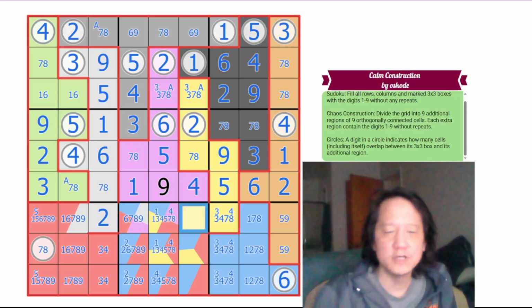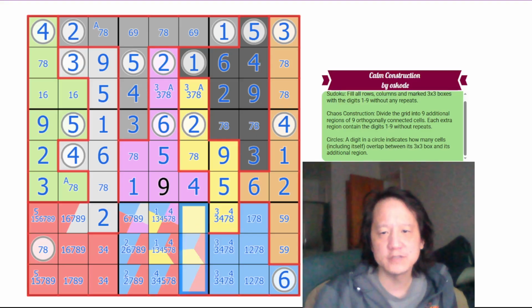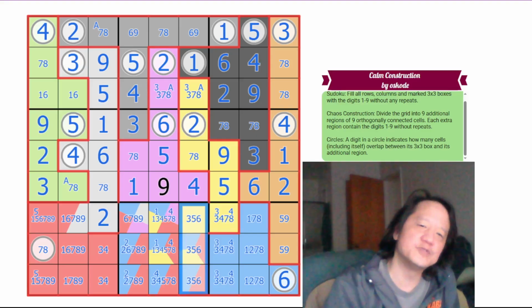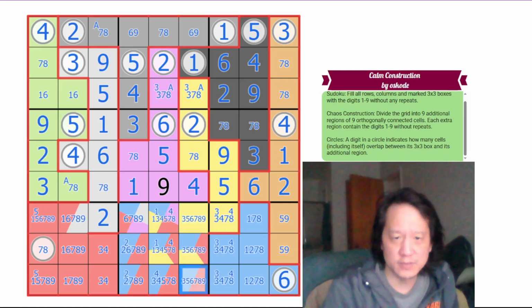Remaining digits in column 6. We have 3, 5, 6, 7, 8, 9. Obviously, 6 cannot be here. This can't be 5 or 9 because it's in the yellow region.